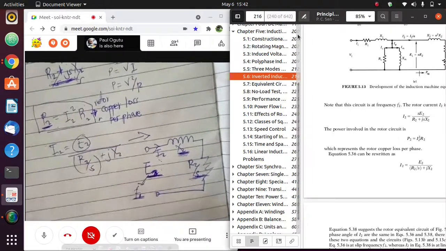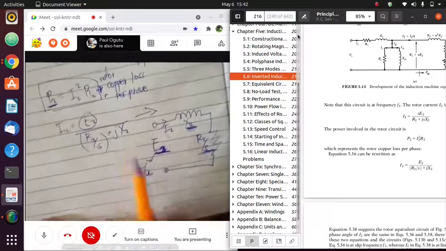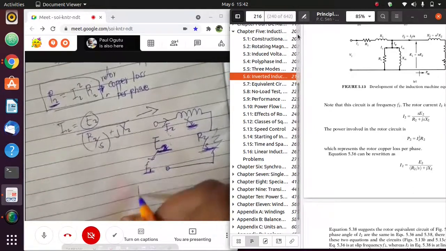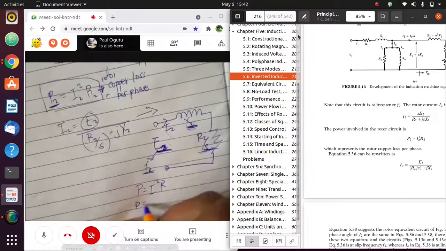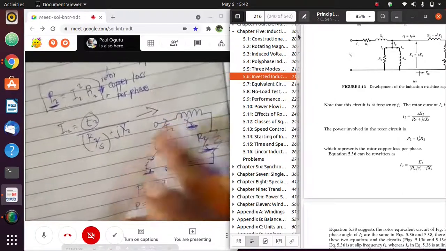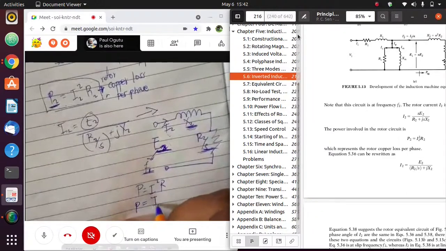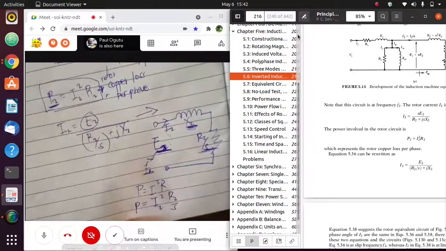So if you were to calculate the power, remember power is given by I squared R. The per phase power in this circuit itakuwa I2 squared times R2 over S. Are we together?